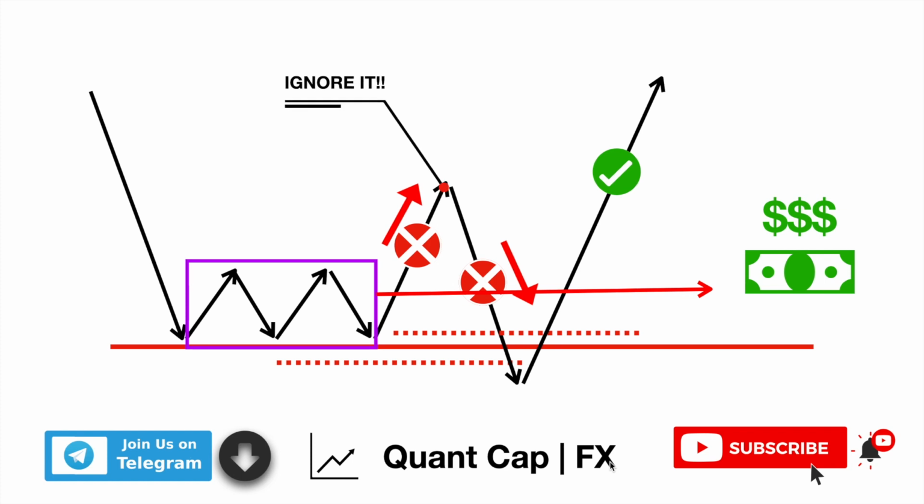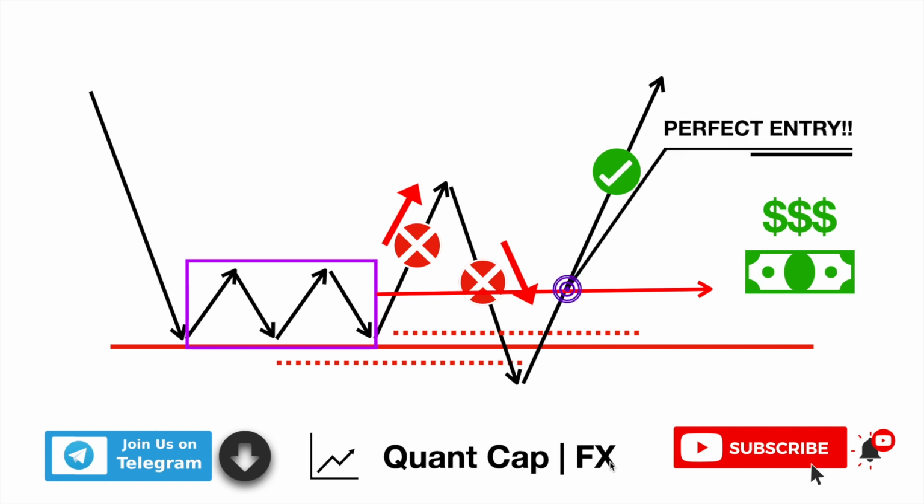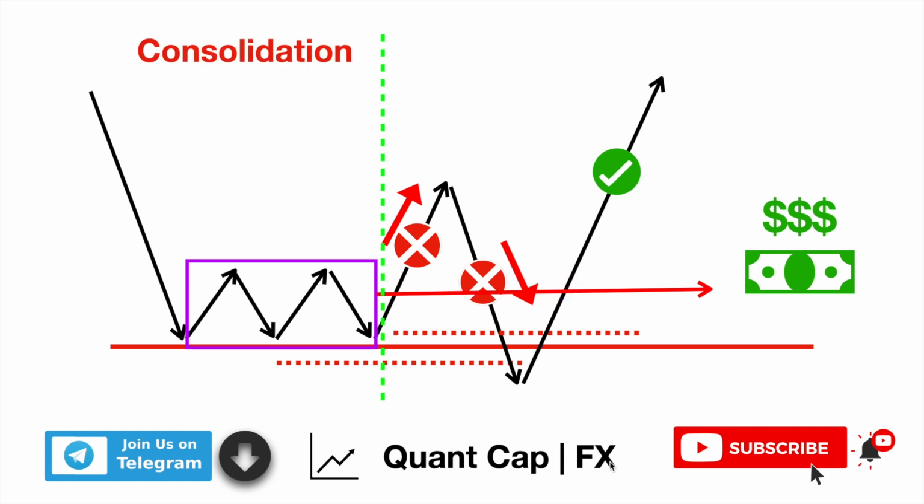Then we should ignore the first false rally, and only after the false upside movement, after price reached and reacted to the support level again, we wait for price to break our 61.8% consolidation line and then enter. You may be shocked by this structure, but guys, it's quite simple, and let's consider it on an example, step by step.